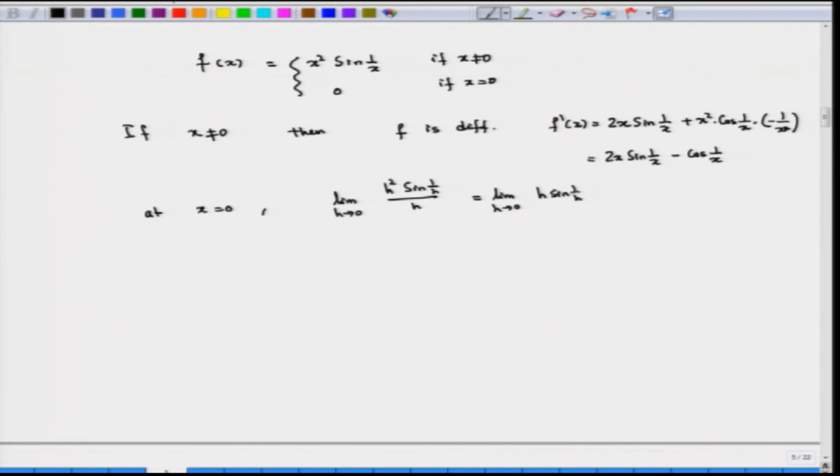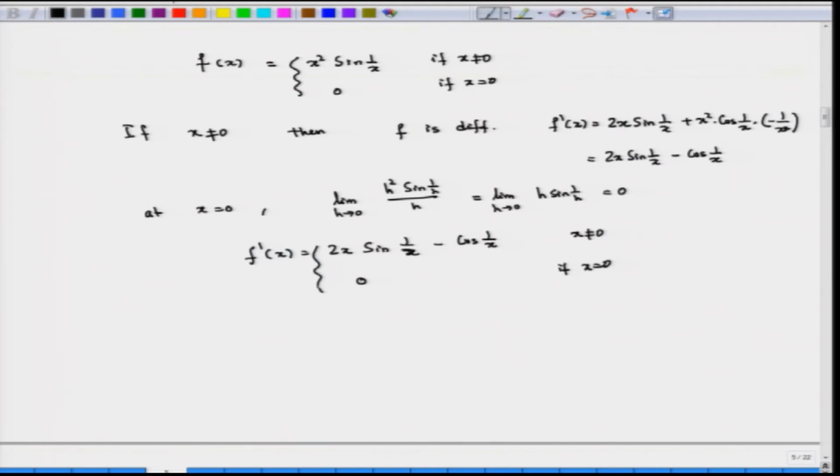By the sandwich theorem, we have seen that this limit is going to be equal to 0. So, f prime of x is equal to 2x sin 1 over x minus cos 1 over x if x is not equal to 0, and 0 if x is equal to 0.